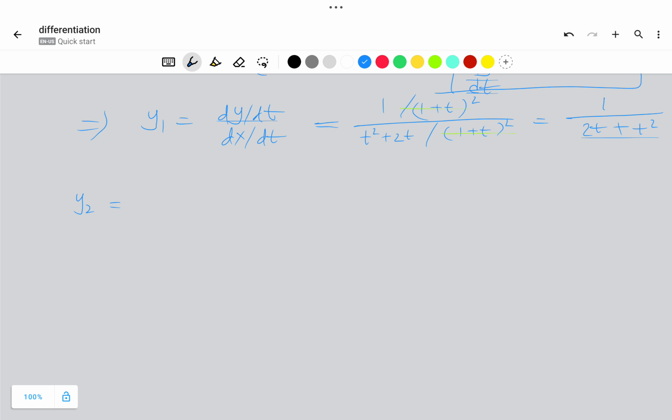So the second order derivative, which is d2y by dx2: as the first order derivative which we have obtained was in the form of t, that's why dy1 by dt of y1, and then dt by dx, for compensating this particular term. So y1 we have got already, like here.